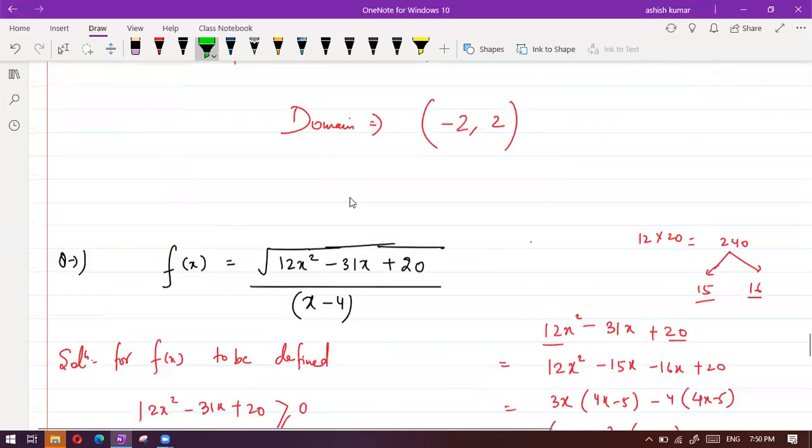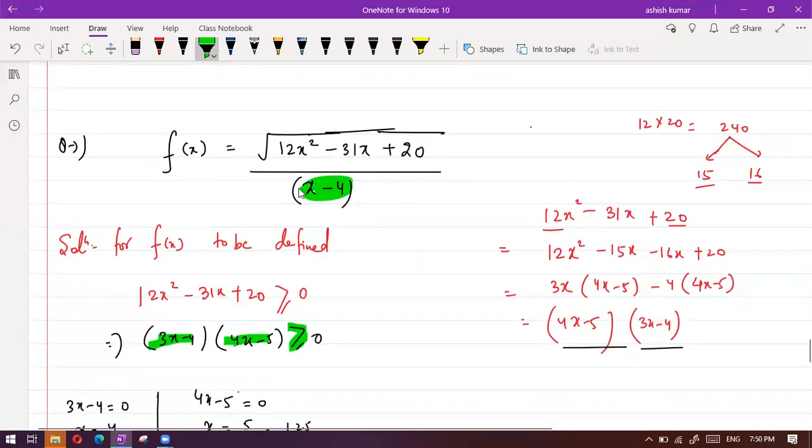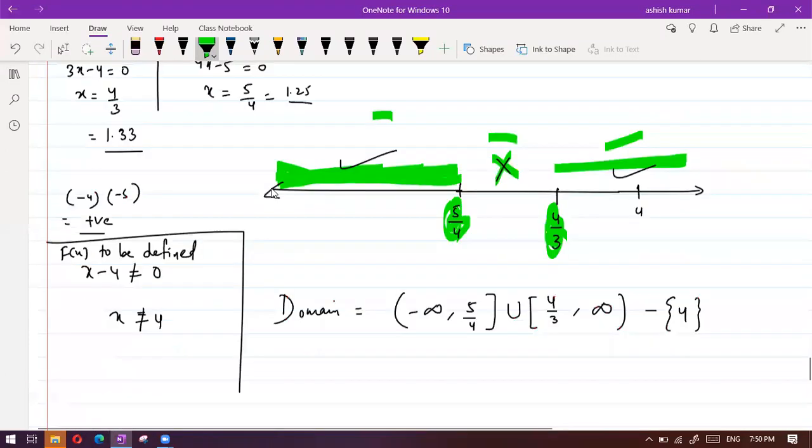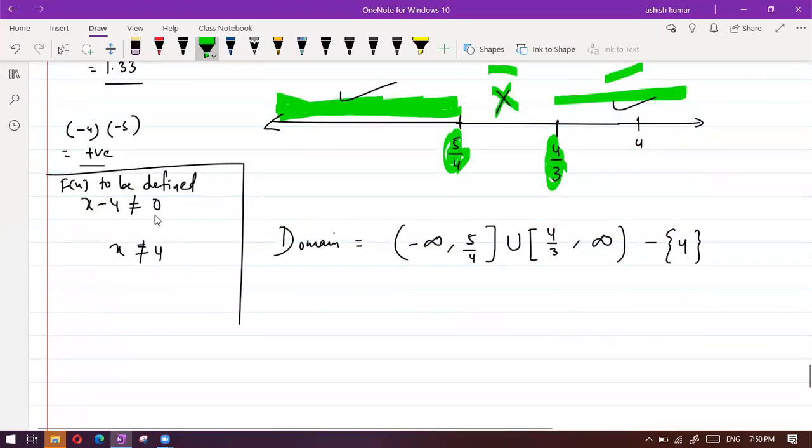So now I am writing the domain. But one more thing is there in this function, that is x minus 4 is there in the denominator, right? Yes, sir. Now if x minus 4 becomes 0, f(x) will become undefined. So for f(x) to be defined, x minus 4 should not be equal to 0. So x should not be equal to 4. Can we say this? Yes, sir. Now from this 4, you have to see whether it is in the domain.